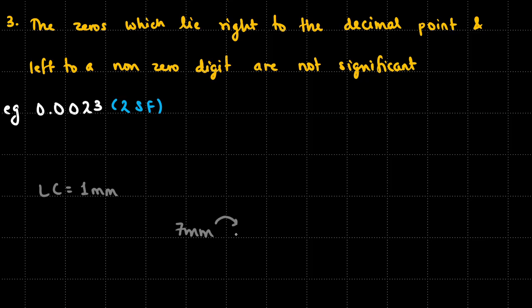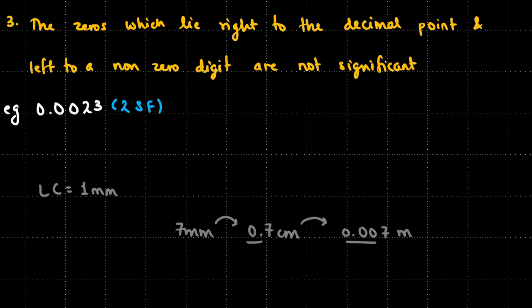If I convert it to centimeters, it will be 0.7 centimeter, and if I convert it to meters, it will be 0.007 meters. So think about it. Are the zeros significant right here? No. Why are they not significant? Because you're basically writing 0.007 meter, and the measured data is only 7, and these are just the numbers in front of it. So that's why they will not be significant.